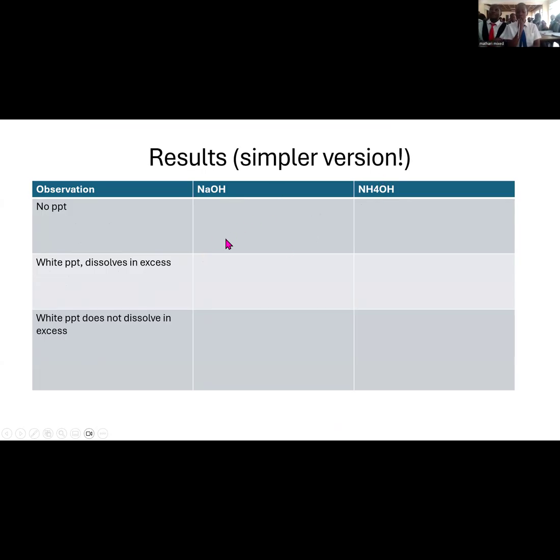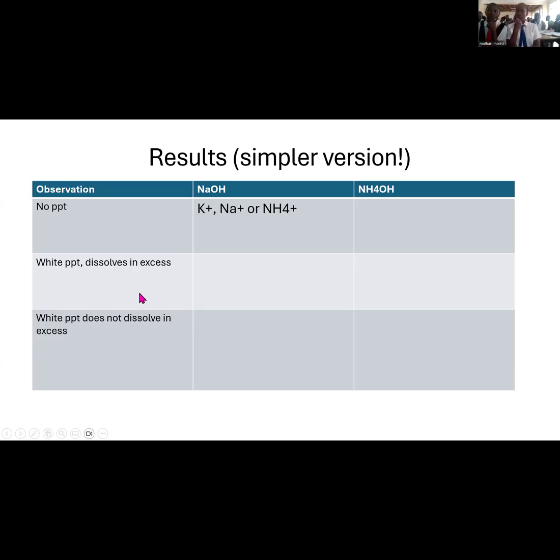So let us imagine that we are adding sodium hydroxide to a solution. If there is no precipitate, then it is one of these three. It is a group 1 metal or ammonium. Okay, K+, Na+, NH4+.